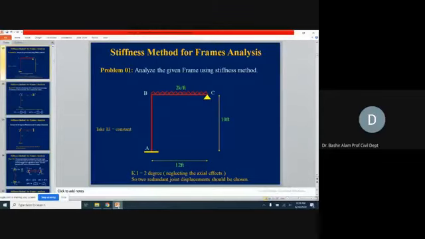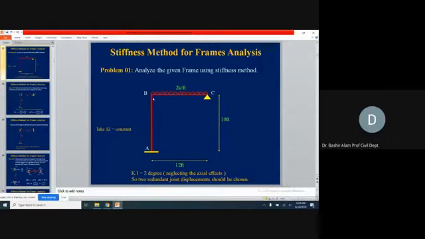Okay, so let's now start this frame. It says analyze the given frame using the stiffness method. The configuration of the frame: at the bottom we have support A, which is fixed. Above this A we have joint B, which is a rigid joint that can resist moment, also known as a moment joint.